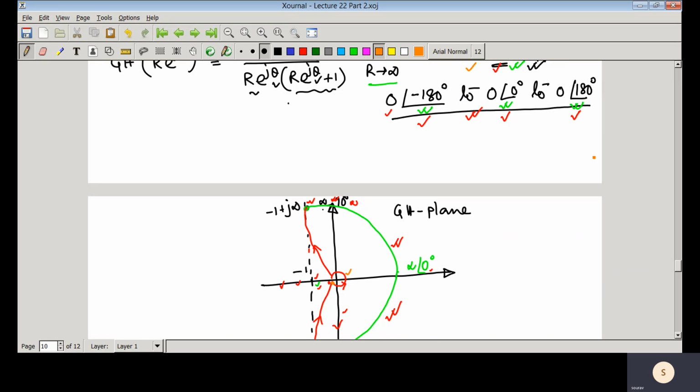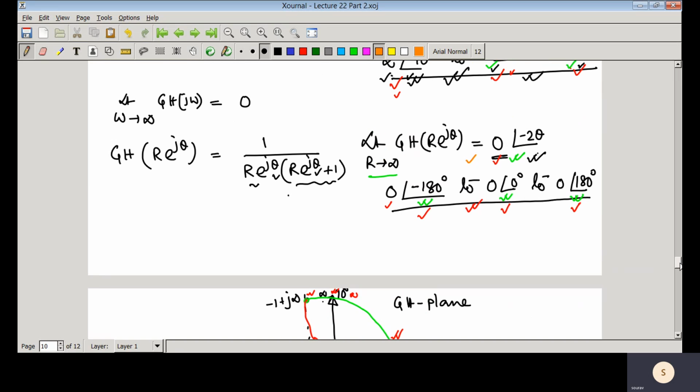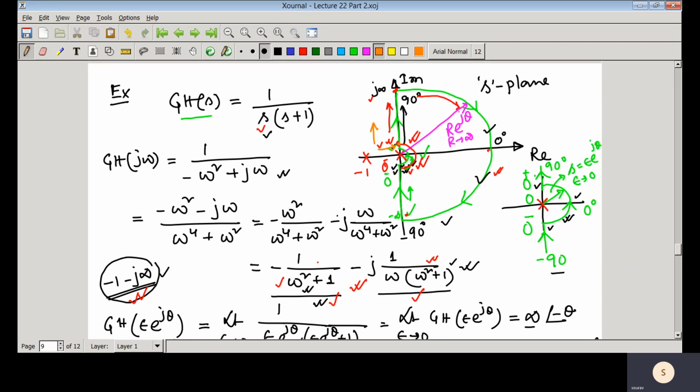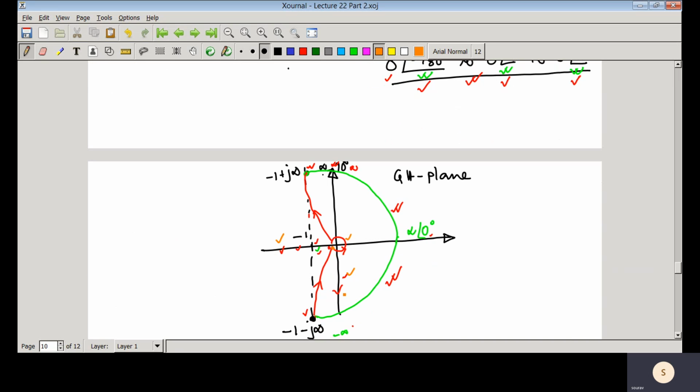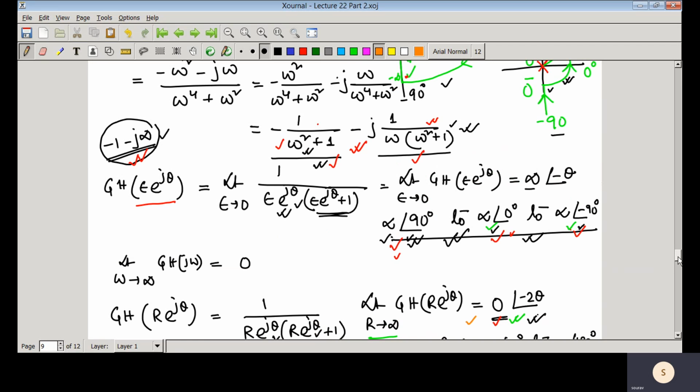So this is that arrow, and then we have seen that whenever it is varying from omega 0 to infinity, there is no crossing at imaginary axis or the real axis, so that's why it comes directly like that. And this is that Nyquist plot of this particular loop transfer function.